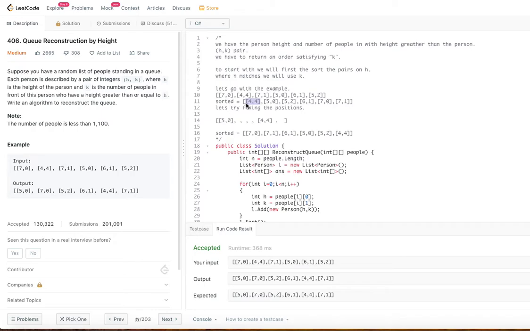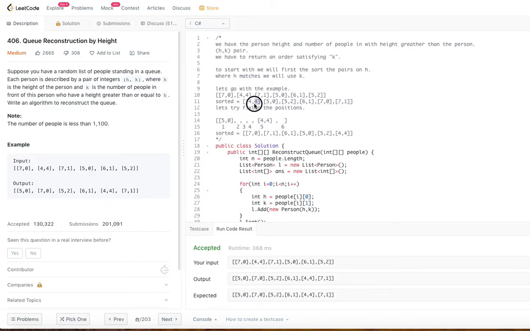If you say there are 4 people in front of me, what is my number? That is 5th. So from that information we can fix this person 4, 4 at position 5. Let me type the positions: this is 5, this is 6. There are 6 people in total. So now I fixed the position of that person.